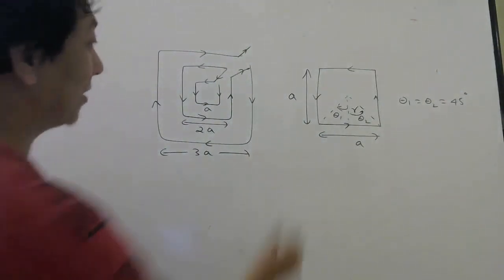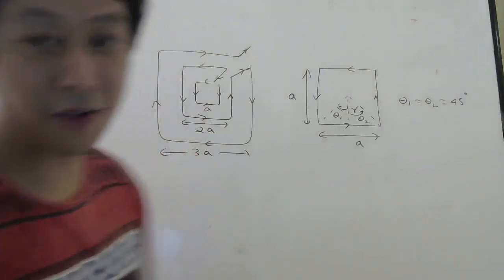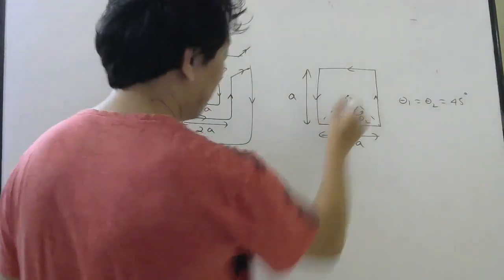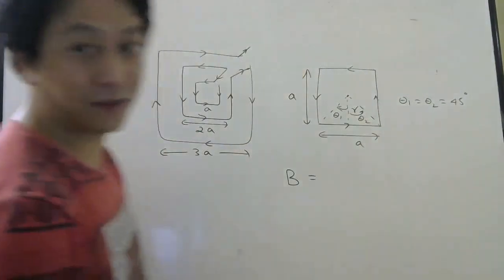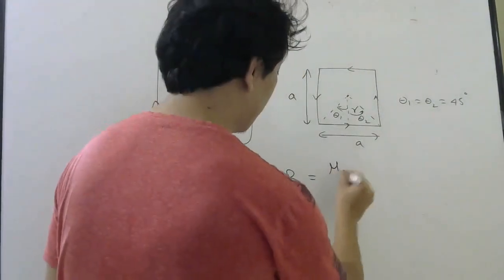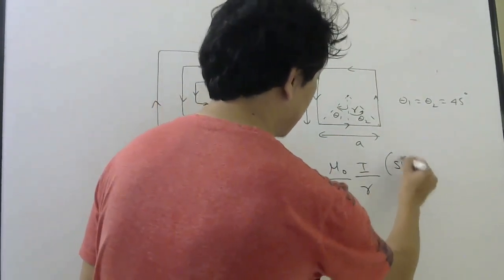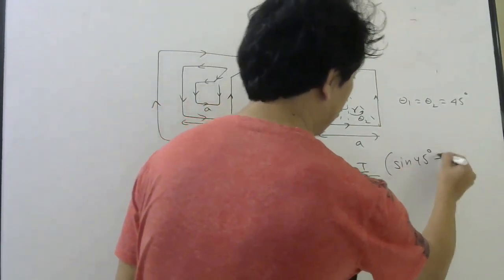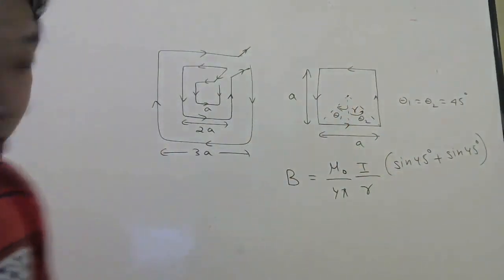Yes or no? So this is 45, this is 45. So magnetic field here due to only this part will be mu naught by 4 pi, I by R, sine theta 1, 45 degrees, plus sine theta 2, 45 degrees. Right?